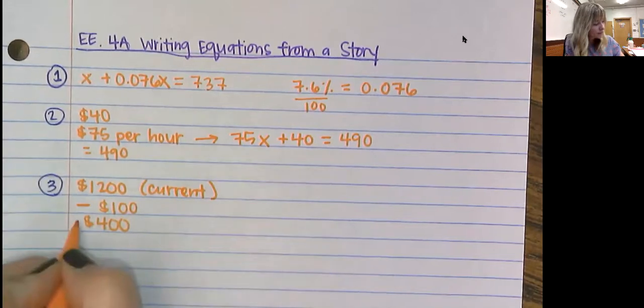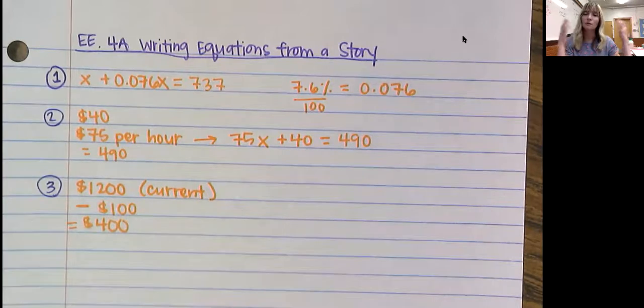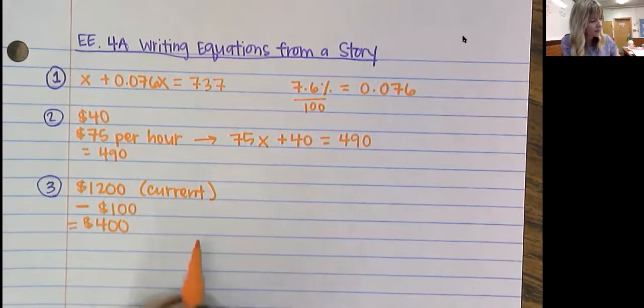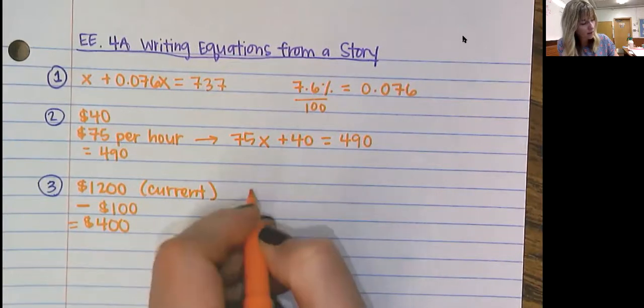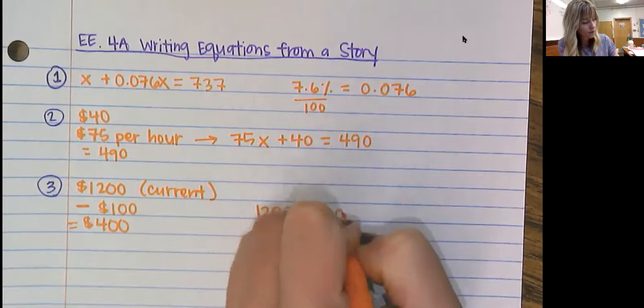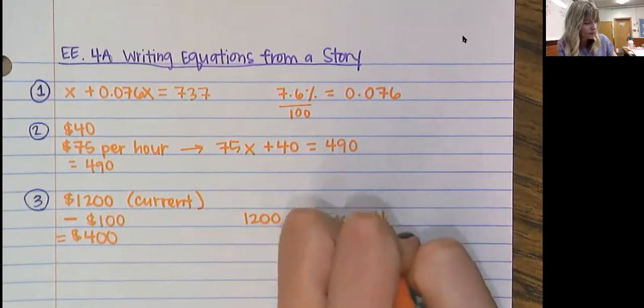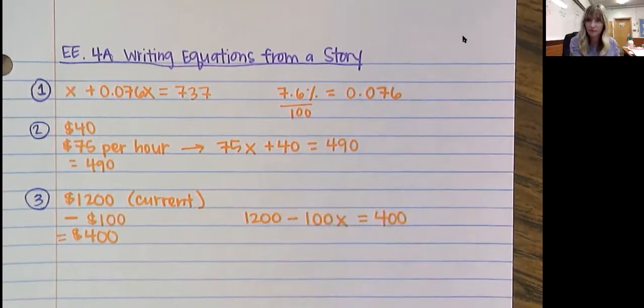So actually, that's like my total. A lot of us like to think of 1,200 as the total because that's the total amount in there. And you can set it up that way. But I think the easiest way to look at this is saying, okay, we have 1,200. We're taking out $100 per month. So X is the number of months. So X goes with the 100. And we're looking for, when do we get to 400?